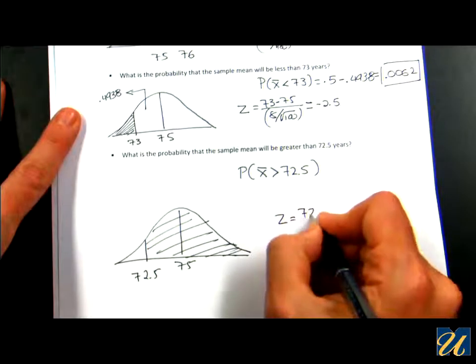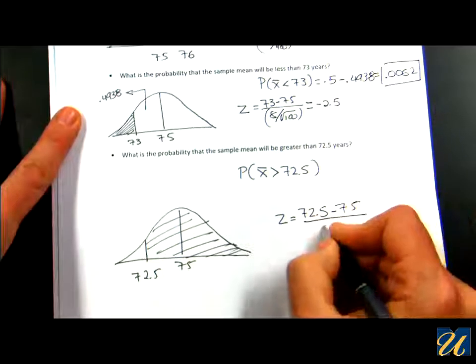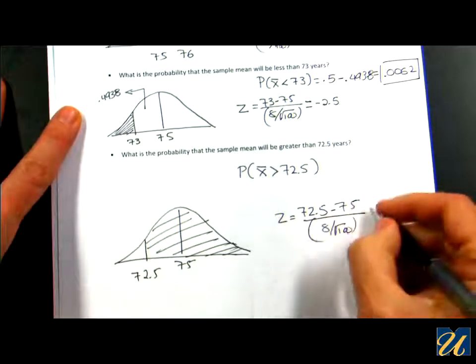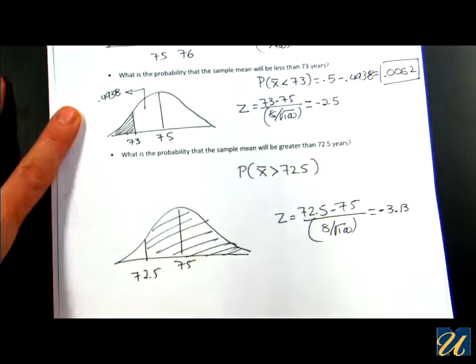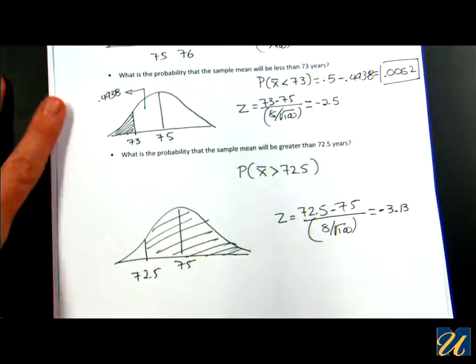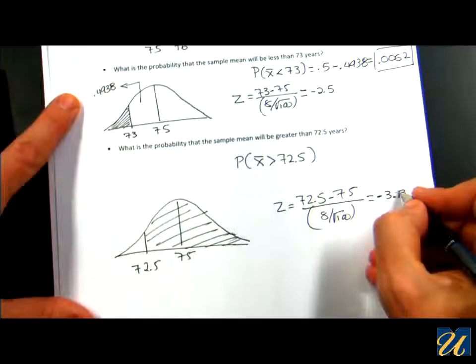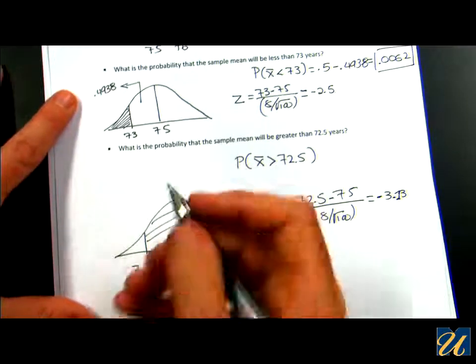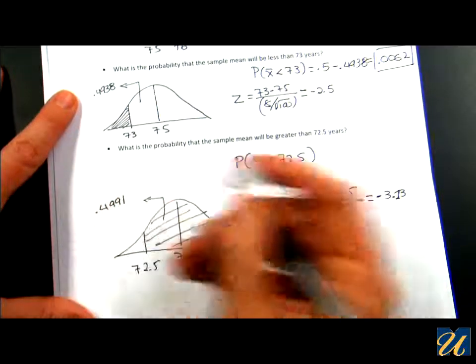Z-score 72.5 minus 75 over 8 divided by square root of 100. This is going to be negative 3.13. You always round up to the second decimal because your table only goes up to 2 decimals. So 3.13 will give you a probability of 0.4991.